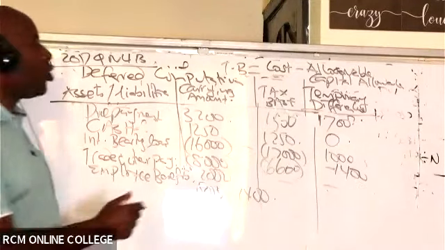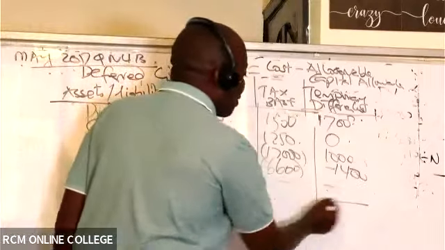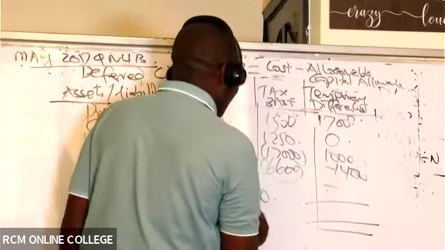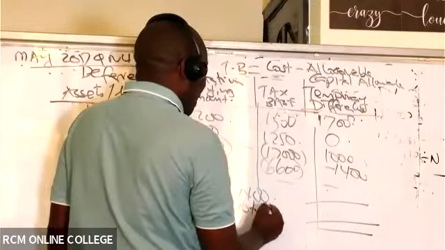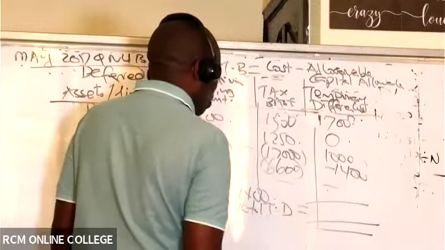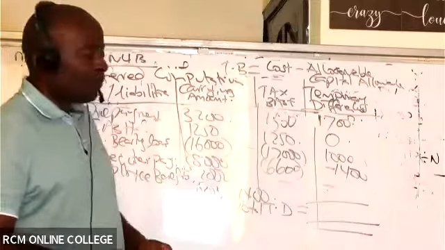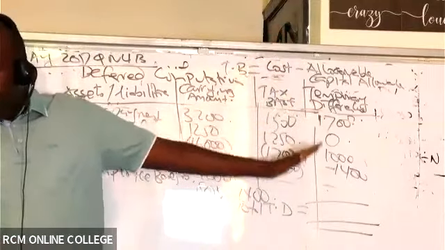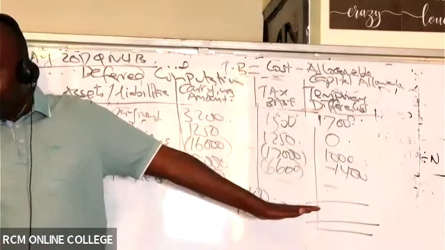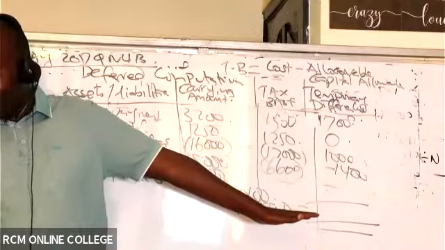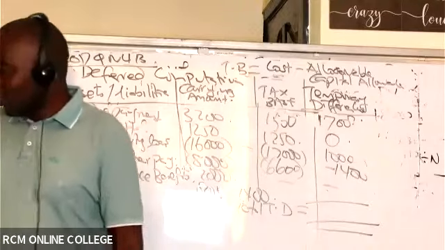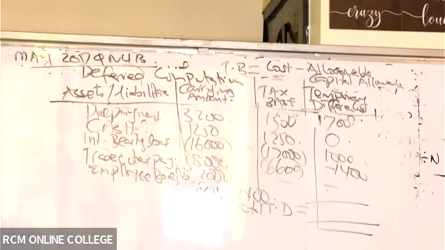So can you kindly go ahead and give me the total temporary difference? Add everything. Is there somebody who has been able to do that?